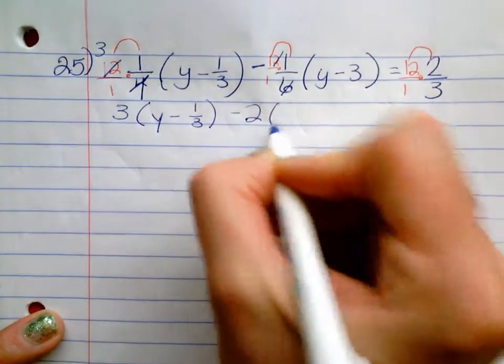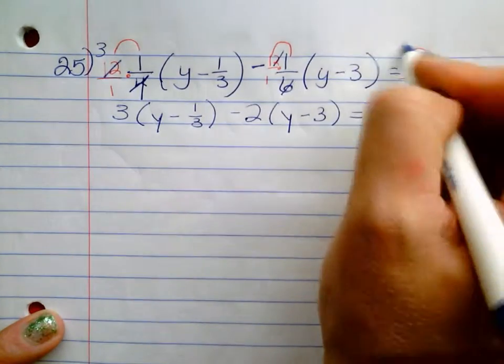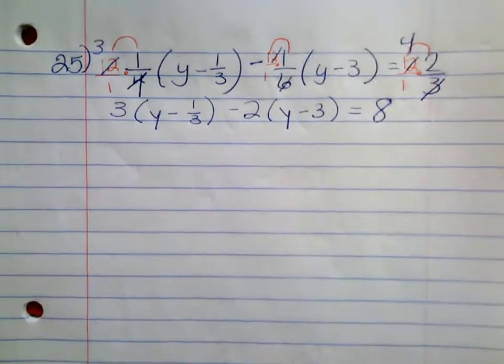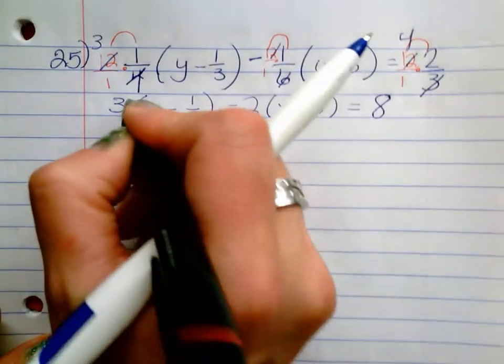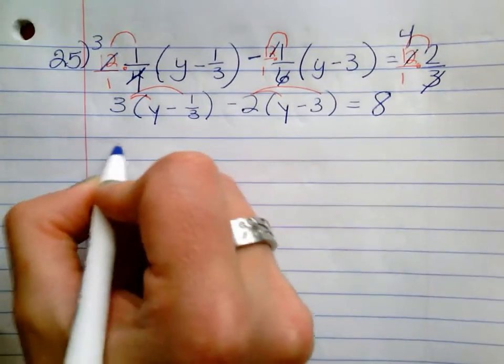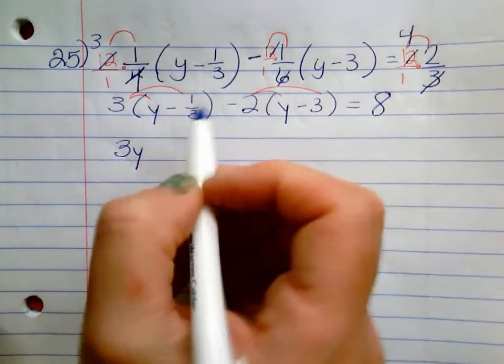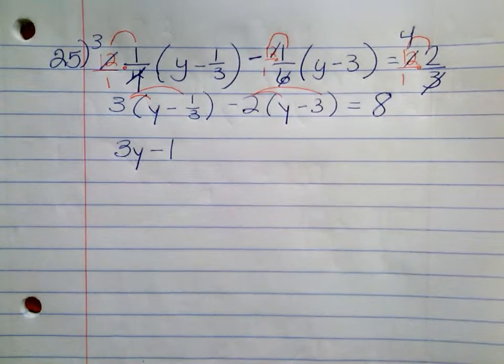Negative 2(y - 3). 8? Okay, now we can distribute over both pieces. 3 times y is? 3 times negative third? Minus 1. Bravo. An item times its reciprocal is 1. Bravo.